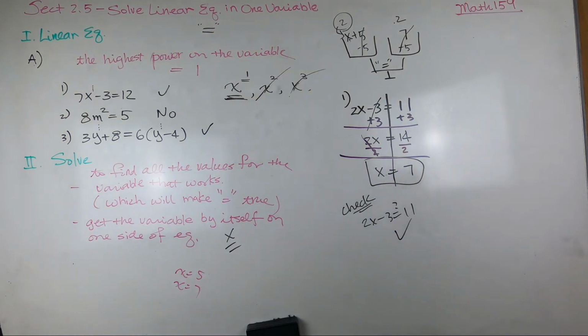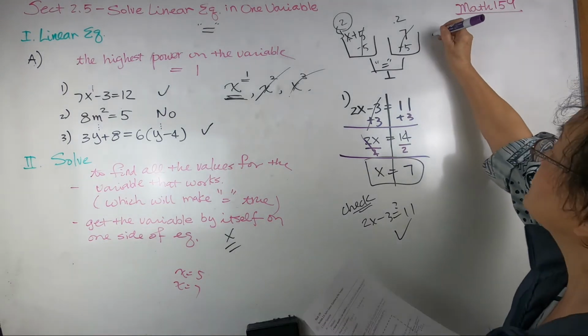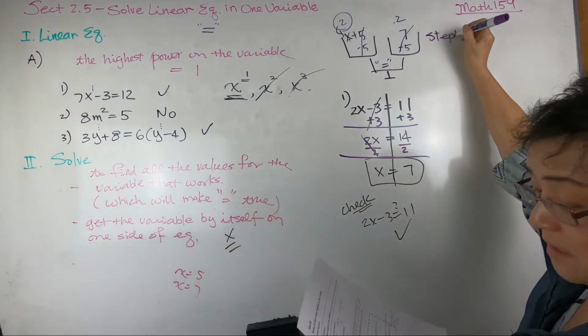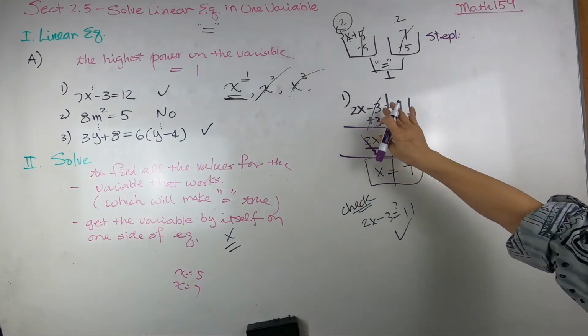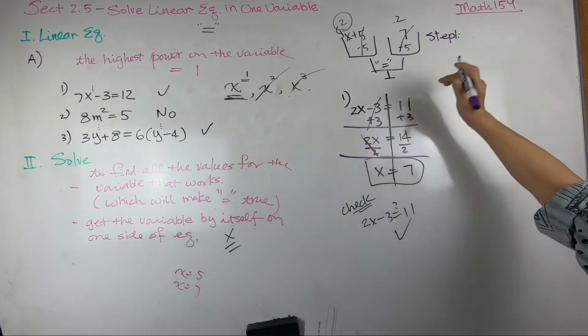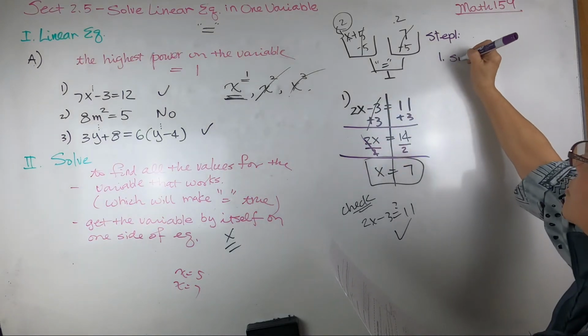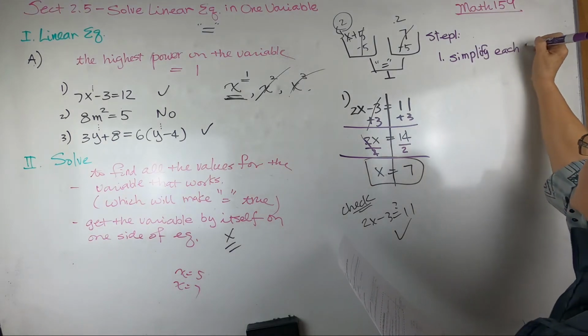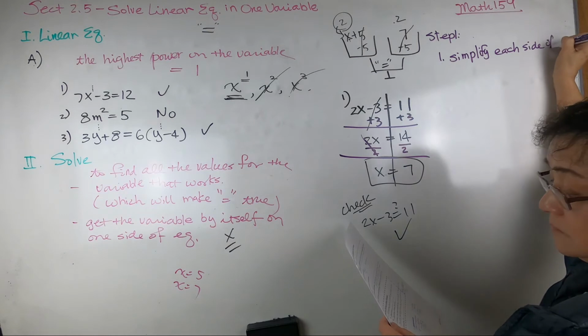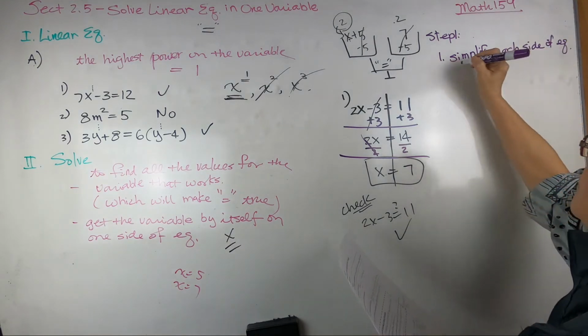All right. So let's write down the steps, how we actually do it to get x by itself. Okay, so step 1, what do we do? First you make it simpler. This one is already simple enough. So you simplify each side of the equation when possible.